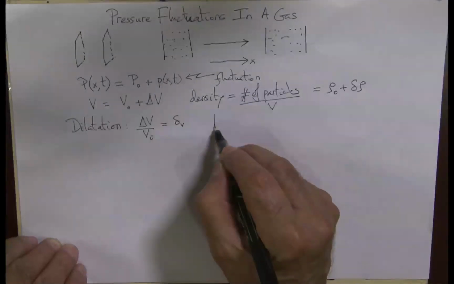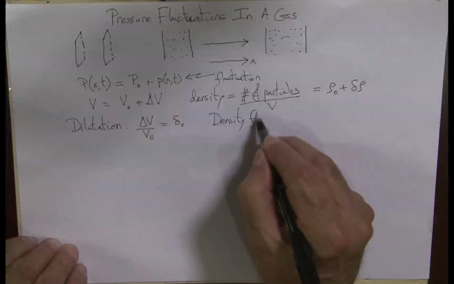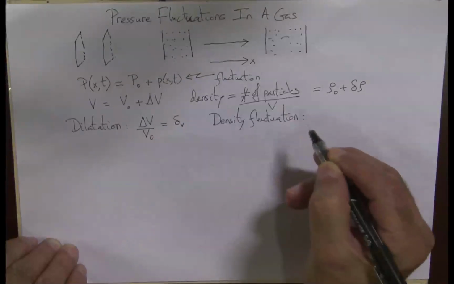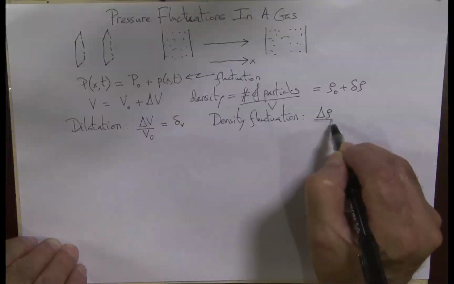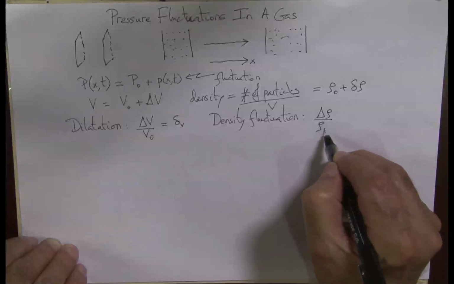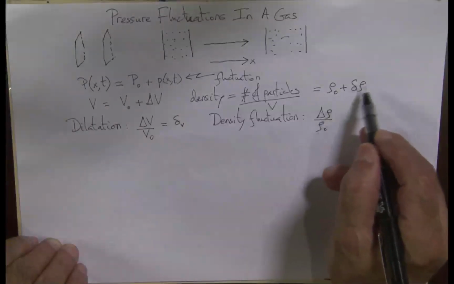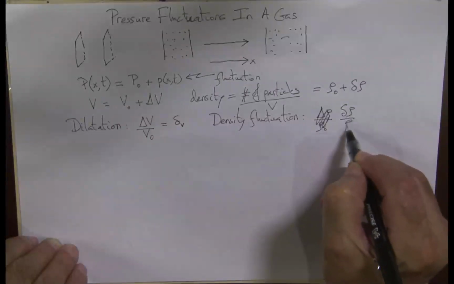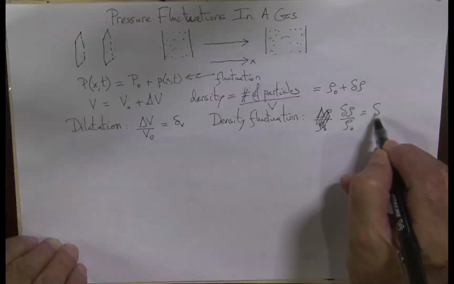Similarly, we'll define the density fluctuation as follows. It's delta rho over rho naught. So this delta rho is actually the same as this. So delta rho over rho naught, this is what we will call delta rho.